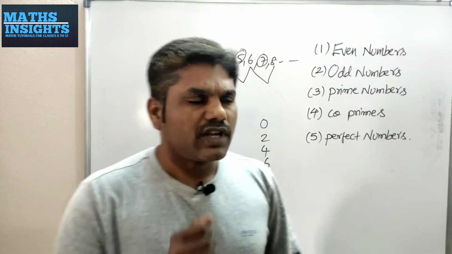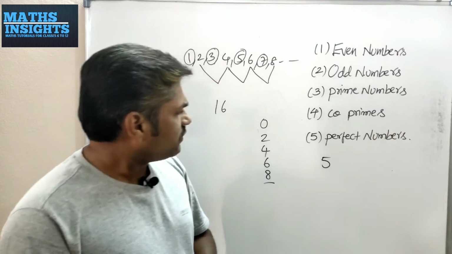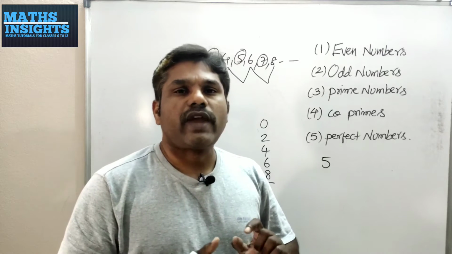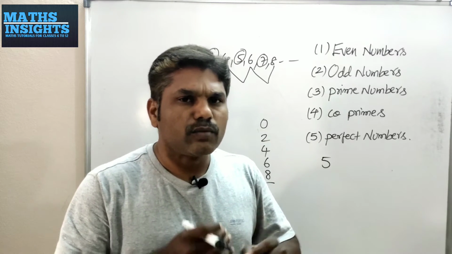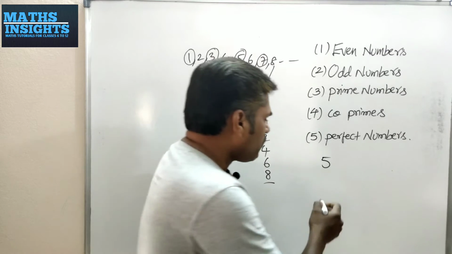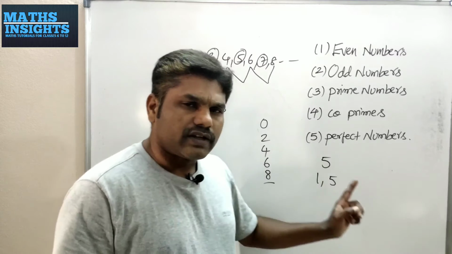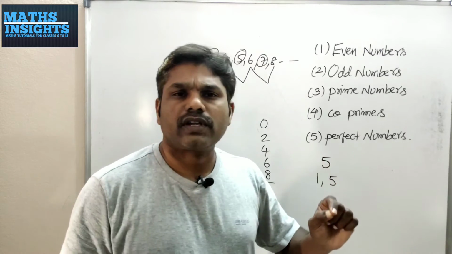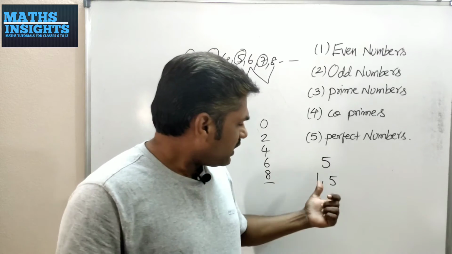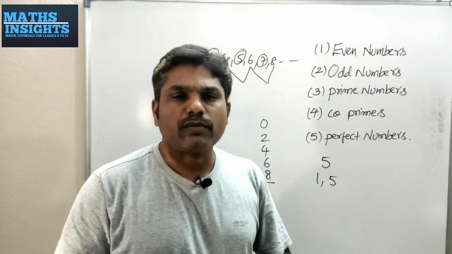As per the definition, I am taking the example of 5. If you take 5, it does not have any other factors. Factor means the number which divides it exactly. 1 and the number itself are the only factors for this number, and there is no other factor except these two, and hence this is called a prime number.